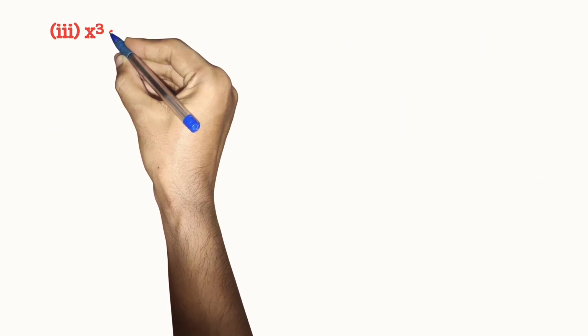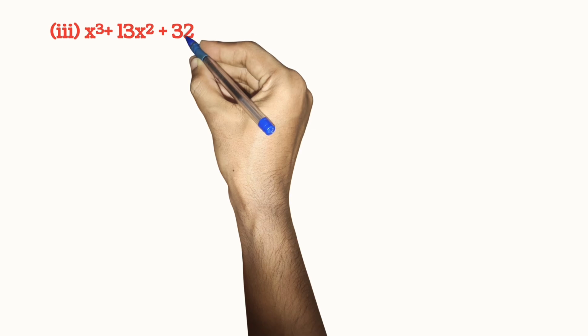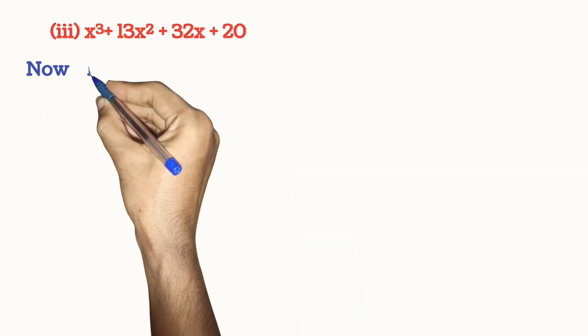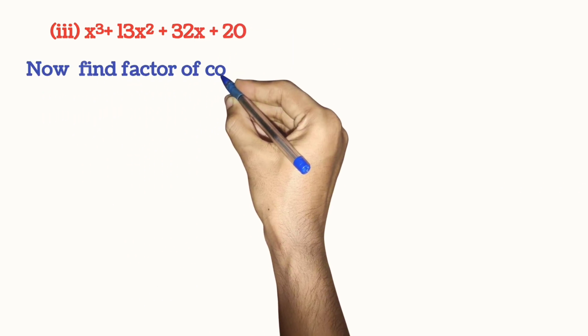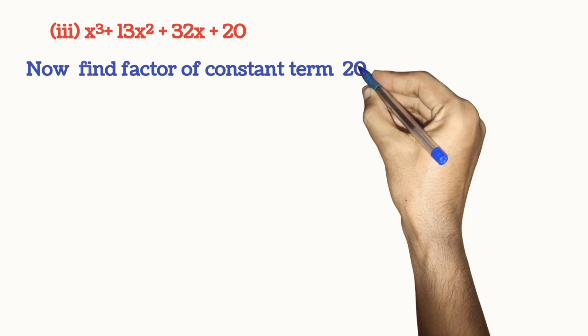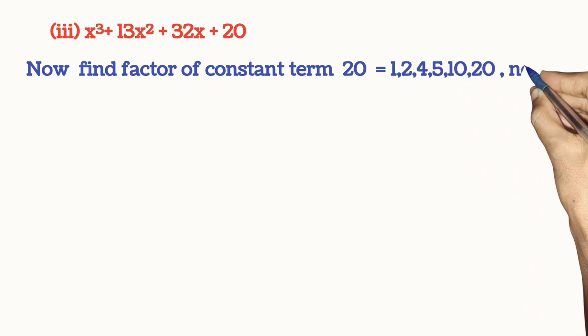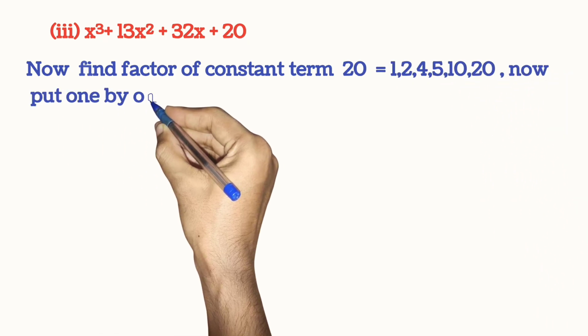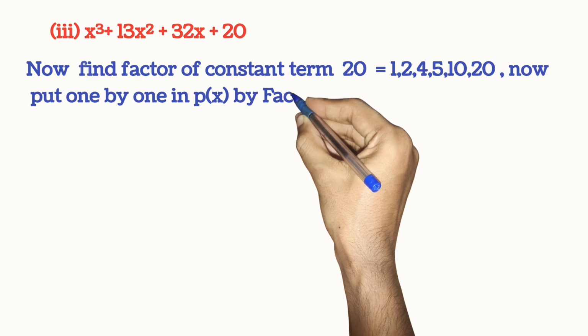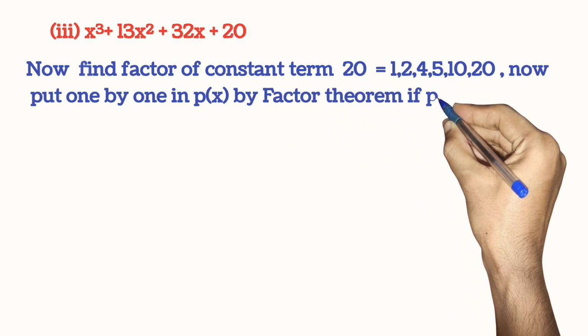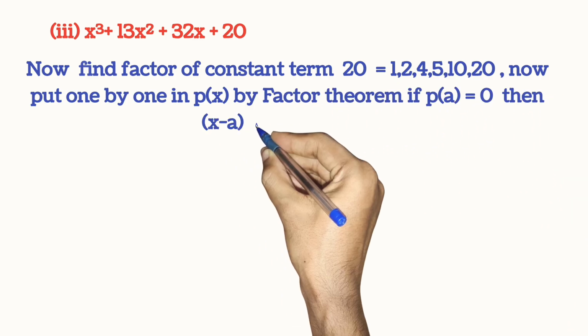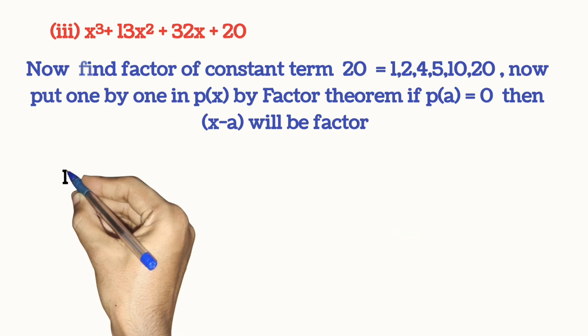The third one is x cubed plus 13x squared plus 32x plus 20. Now find the factors of the constant term 20, that is 1, 2, 4, 5, 10, 20. Now put them one by one in p(x) by the factor theorem: if p(a) equals 0, then x minus a will be a factor.